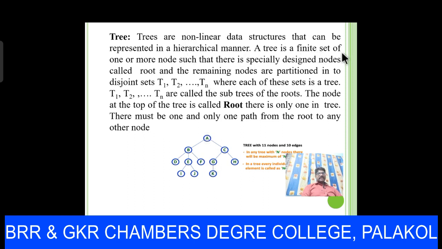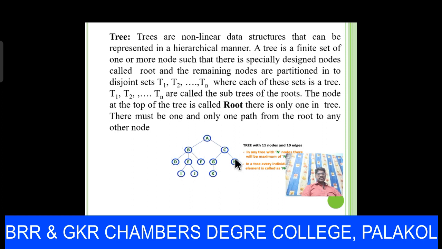A tree is a finite set of one or more nodes such that there is a specially designated node called the root, and the remaining nodes are partitioned into disjoint sets T1, T2 and so on. So this is the root T. All these are called the children of the root element. Each of the sets T1, T2 up to Tn are called subtrees of the root.